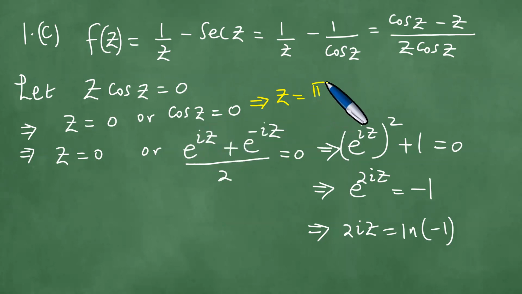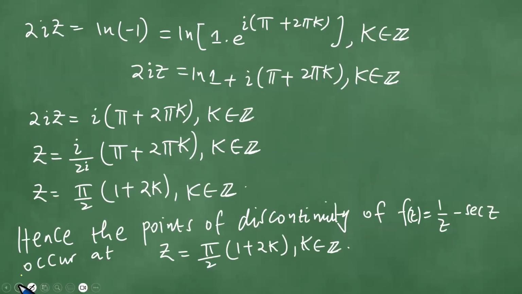So it is 0 at odd multiples of pi over 2, which is pi over 2 times 1 plus 2k, where k is an element of z. So it's something that obviously you can be aware of there. So yeah, just take note of that. This is 1C we're doing, and obviously this one is a continuation of the problem 1C, like this.